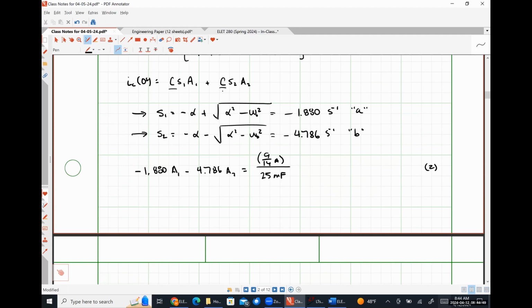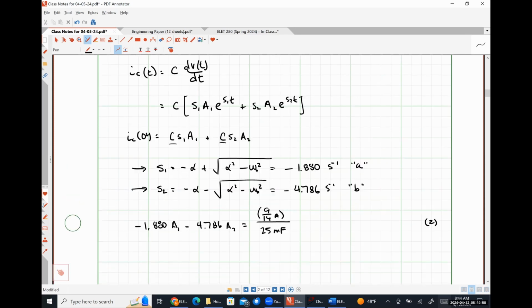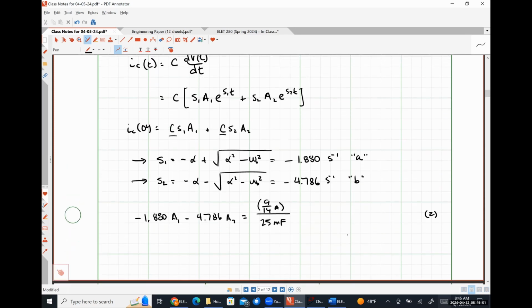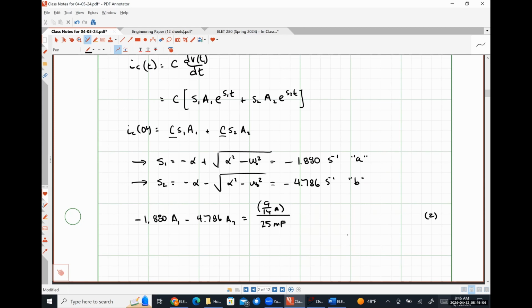So using my 2x2 system solver, my coefficient for A1 in my first equation is 1. My coefficient for A2 in my first equation is 1. My constant term is 0. My coefficient for A1 in my second equation is S1, which I have stored in my calculator as A. My coefficient for A2 in my second equation is negative 4.786, or S2, which I have stored in my calculator as B. And now I'm going to put 9/14 divided by 0.025 and solve.